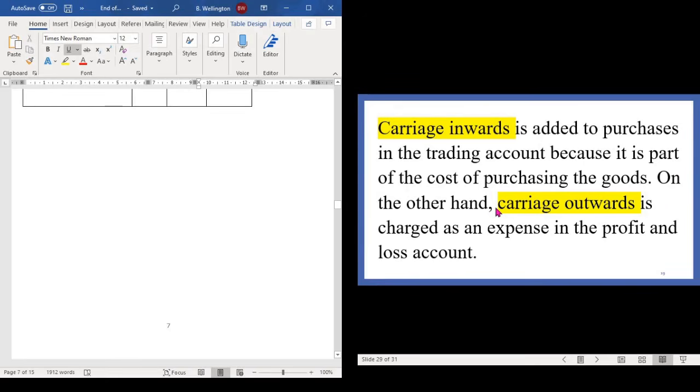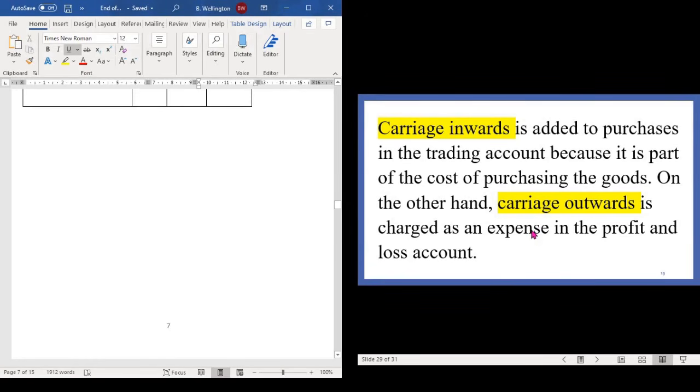Carriage inwards is added to purchases in the trading account because it is part of the cost of purchasing the goods. On the other hand, carriage outwards is charged as an expense in the profit and loss account. Carriage outwards is the cost of transporting goods from your business to the customer. So it is not going to be included in the trading account.